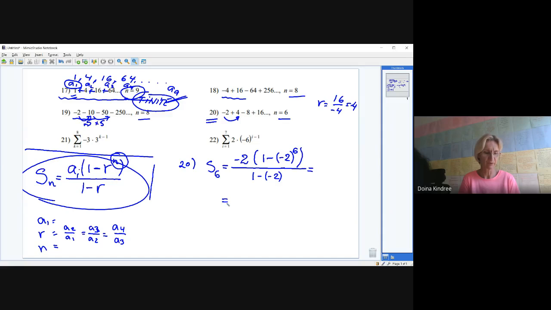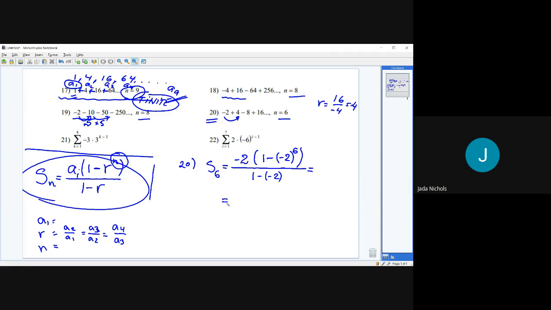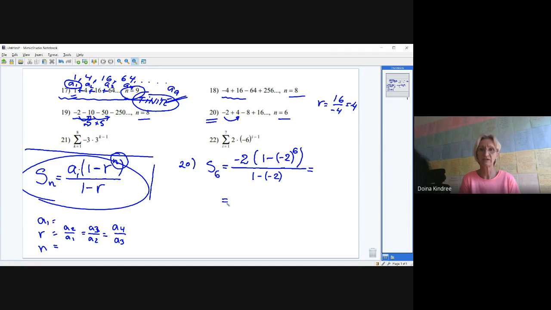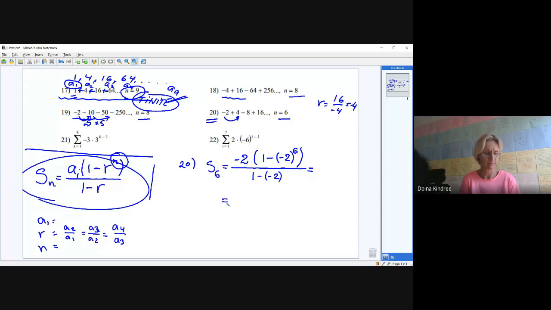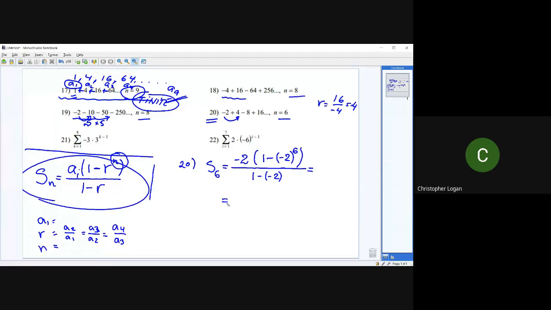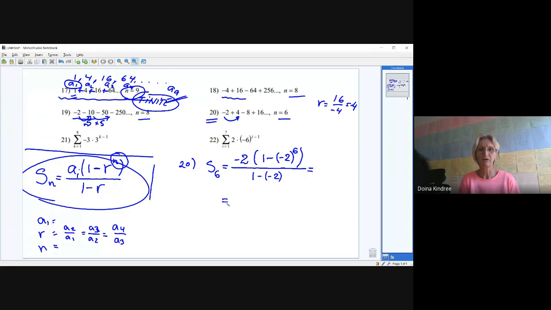Jada Nichols, are you here with us? Are you following? Is the pace good for you? Yes, I think I understand it. Okay, so ask exactly what you don't understand. Are you putting S6 in the calculator now? We need to calculate the sum for these 6 terms.